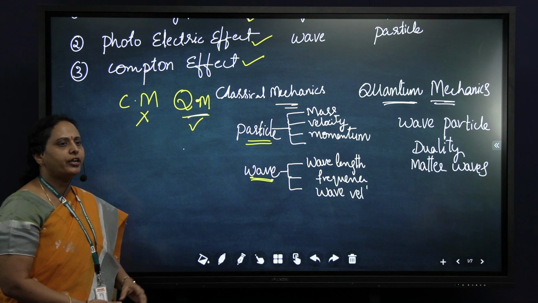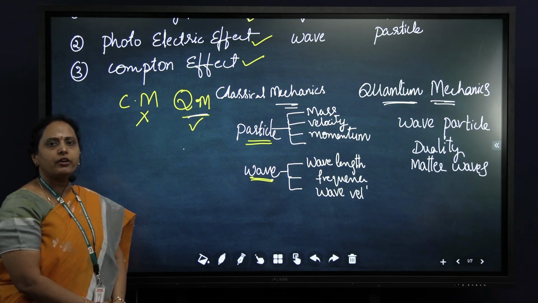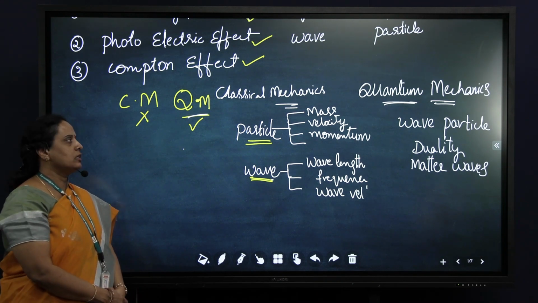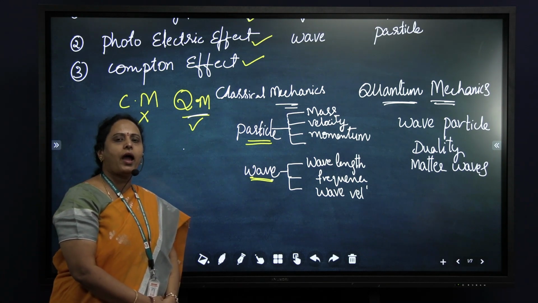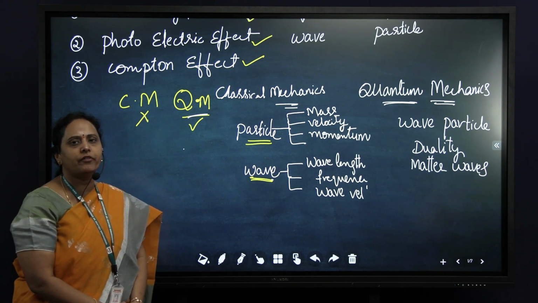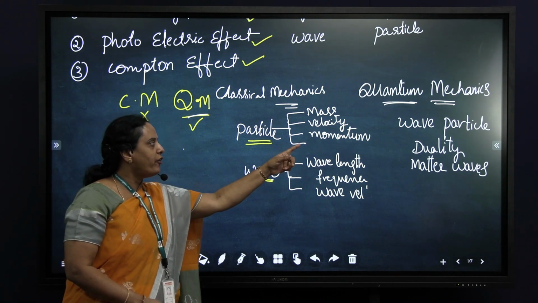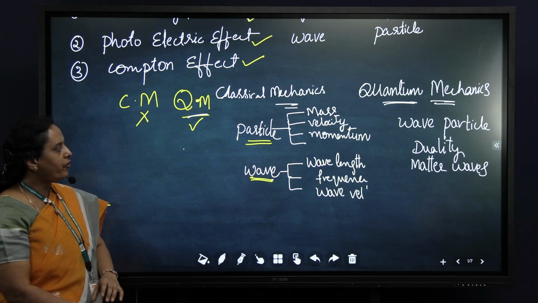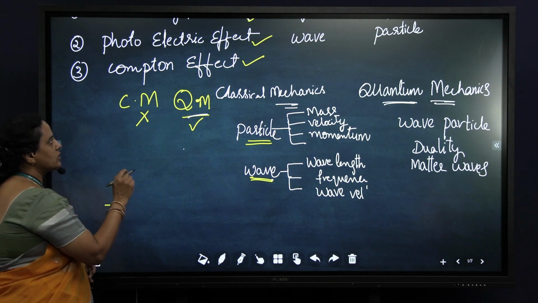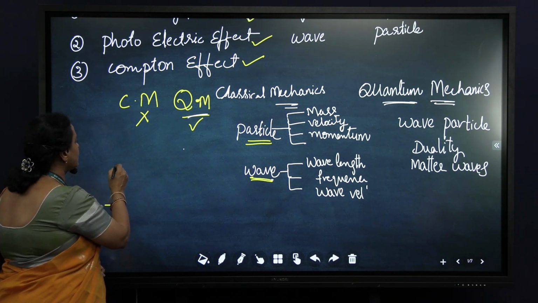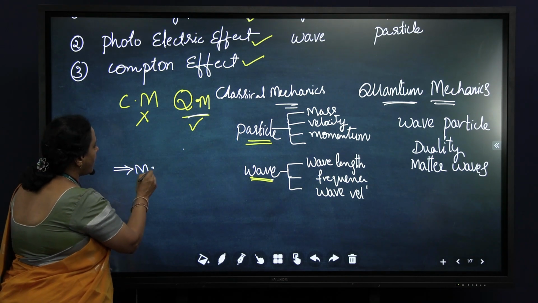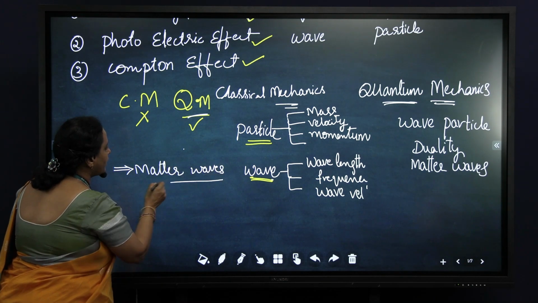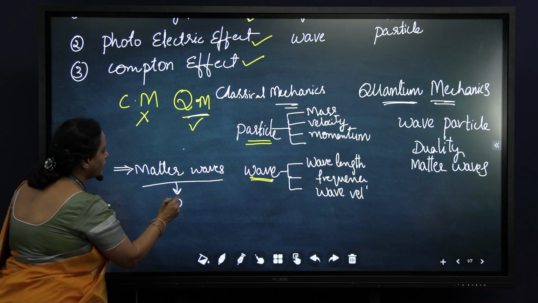Quantum mechanics explains that wave and particle are associated with each other. That is wave-particle duality, introduced by quantum mechanics, and these waves are known as matter waves.